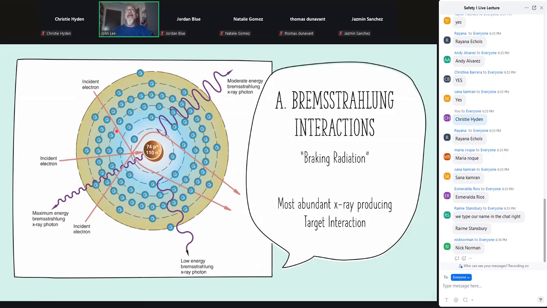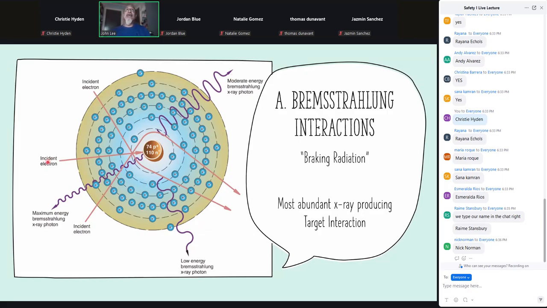And they don't directly hit the nucleus, obviously. Some of them might, but a great portion of them are only going to be affected by the nuclear field and that positive pull of that nucleus, which is going to cause them to turn around that nucleus. The sharper the turn, the more kinetic energy is given up, and we get a higher energy X-ray photon.